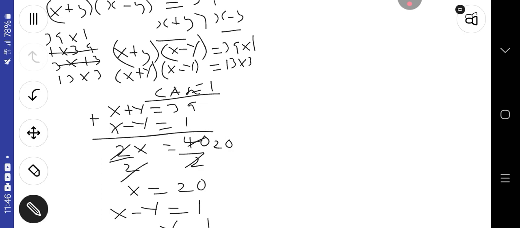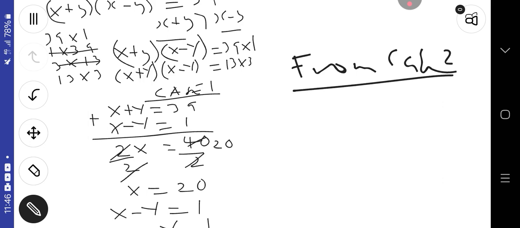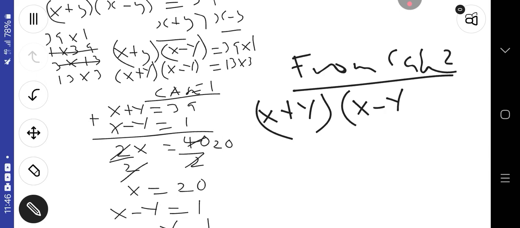From case 2, we can say that x plus y multiplying x minus y should give us 13 times 3.